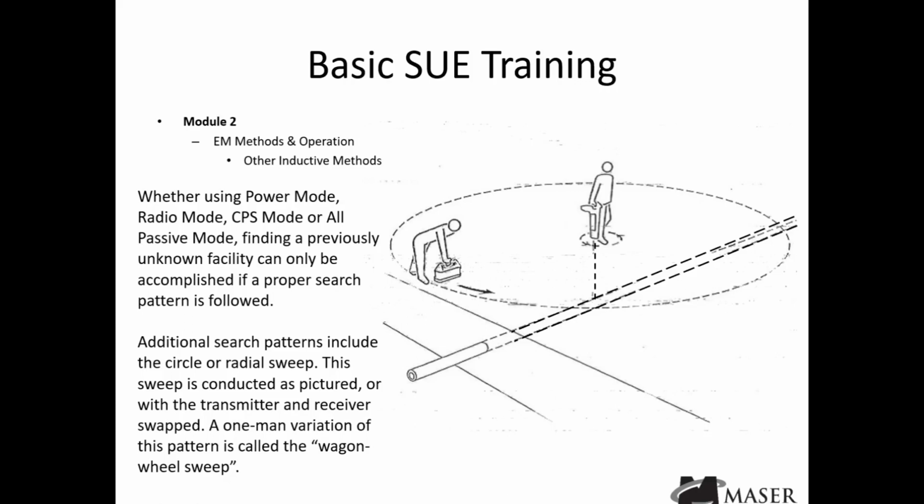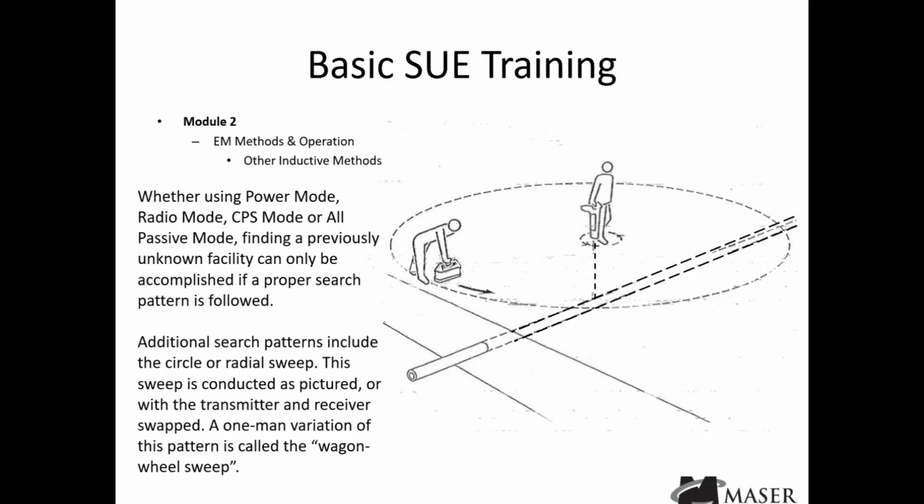One of our other methods is what we call the circular sweep or circle sweep, using one of the active modes. Typically it's a two-man operation. One person holds the transmitter, one person holds the receiver. Generally speaking, like in this graphic, the receiver person stands in the center of a circle or a radius area, and the person holding the transmitter moves in a large circle around the receiver holding person.